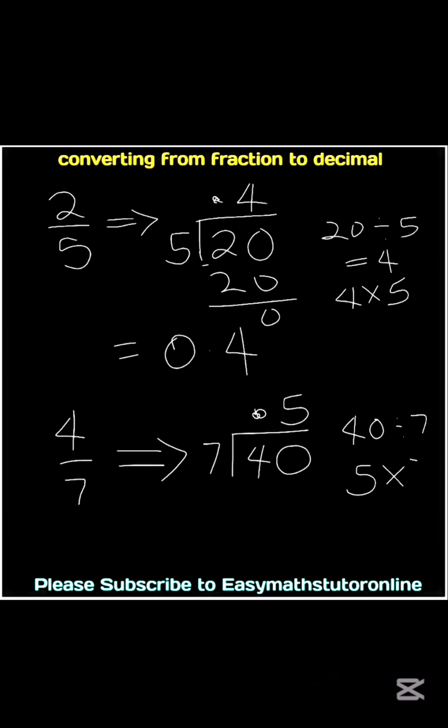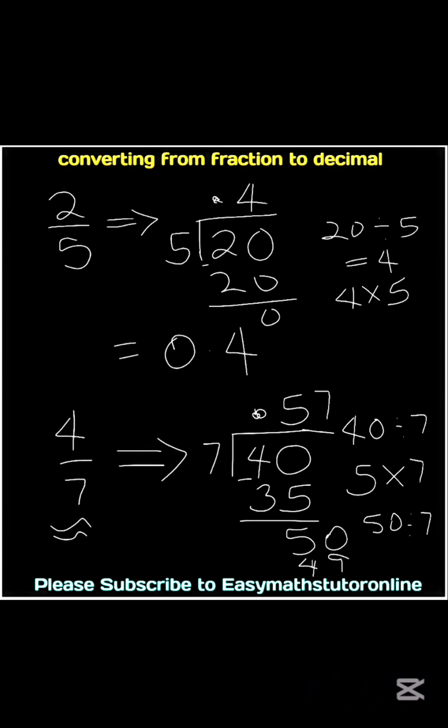Subtracting, 40 minus 35 gives us 5. A natural 0 will just appear, which gives us 50 divided by 7, which gives us 7 because of 49. Then we subtract and we have 1. So that gives us approximately 0.57. Our final answer will be approximately 0.57 for the conversion of 4/7.